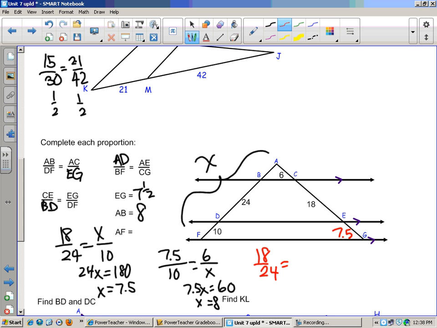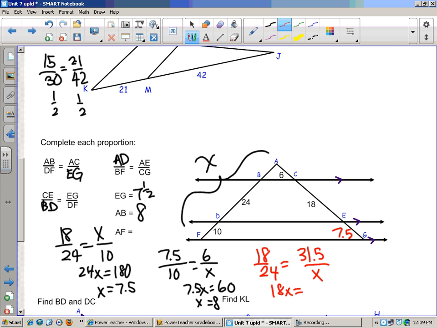So if I'm trying to do this whole side, well, add them all up: 6 plus 18 plus 7.5, which is 31 and a half, over X. Cross multiply and solve, and I get 18X equals, what is that?